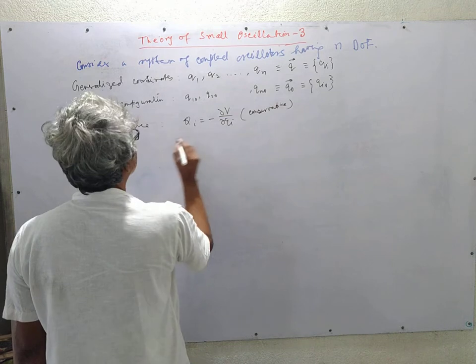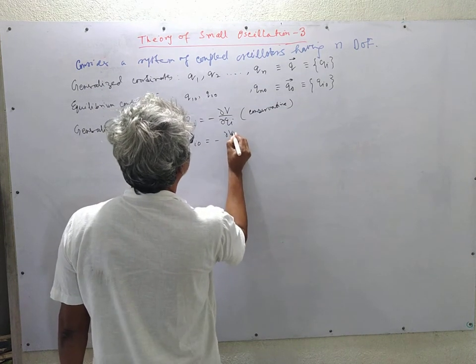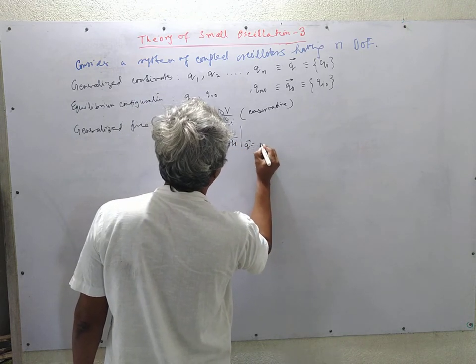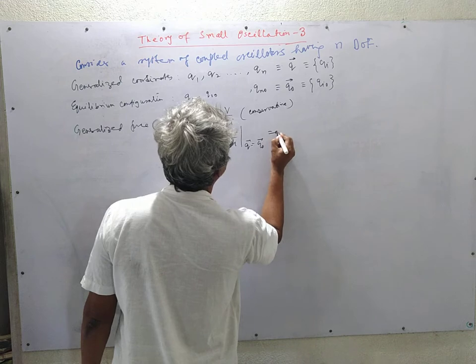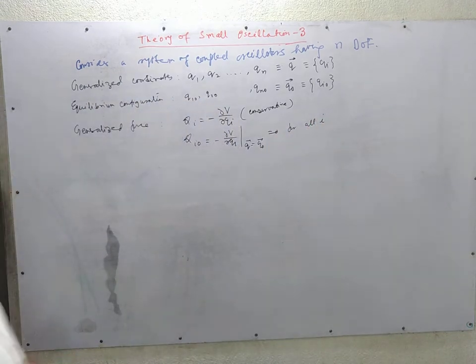And in the equilibrium configuration, del V del qi evaluated at q is equal to q0 is 0 for all i. This is the definition of equilibrium configuration. And for stable equilibrium configuration, we know the second derivatives are positive.